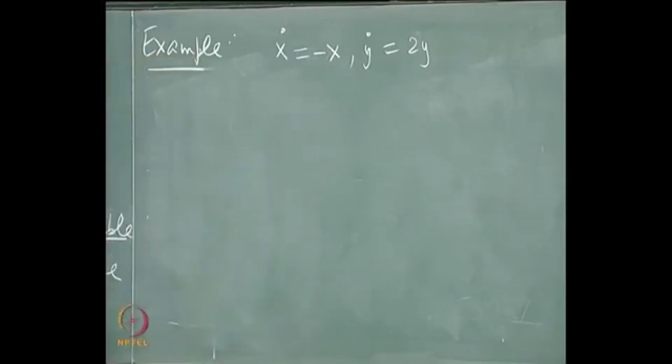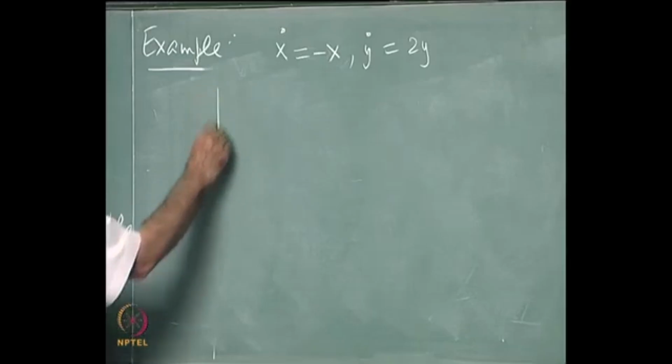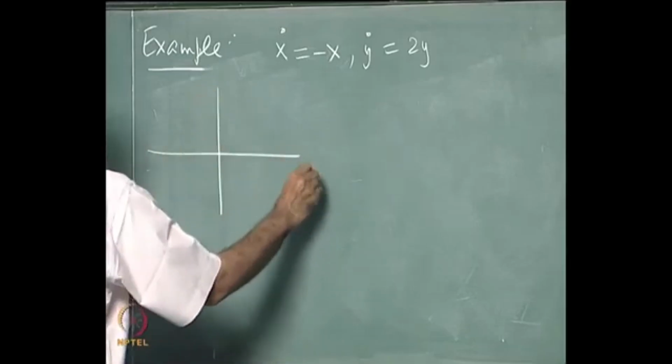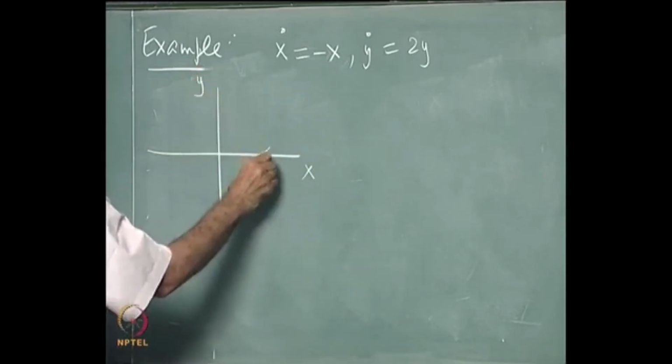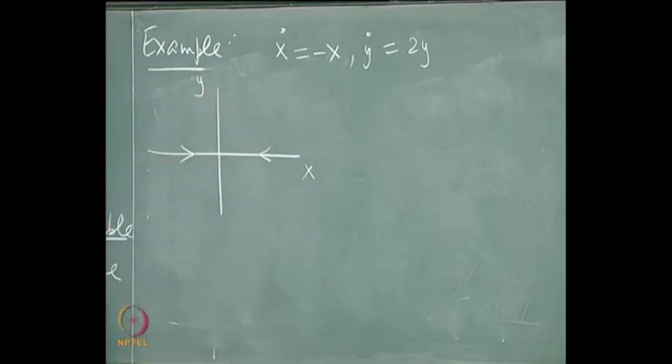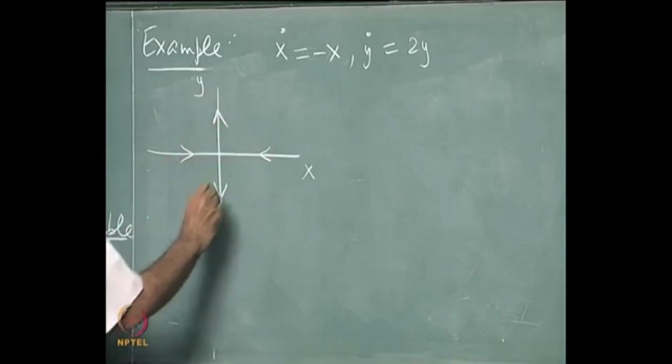In this instance x goes like e to the minus t, flows into the fixed point, the critical point, whereas y explodes outwards like e to the 2t. So we know the solutions. What does the flow look like? Well, on the x axis, since it flows in, you have this picture, and on the y axis, since it flows out, you have that picture.